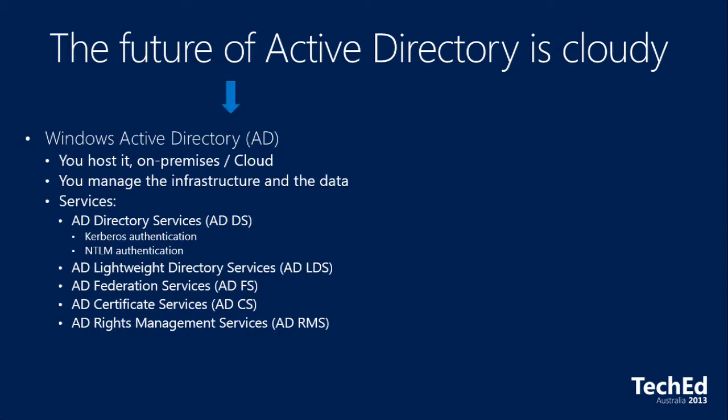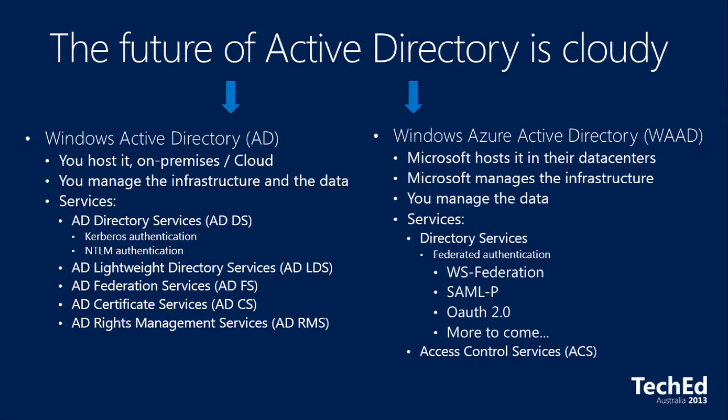Remember that the future Active Directory is cloudy, and that's a good thing. Not only are we talking about having on-premise clouds, private clouds, and Windows Azure Active Directory clouds, we've now got the ability to synchronize between the two.